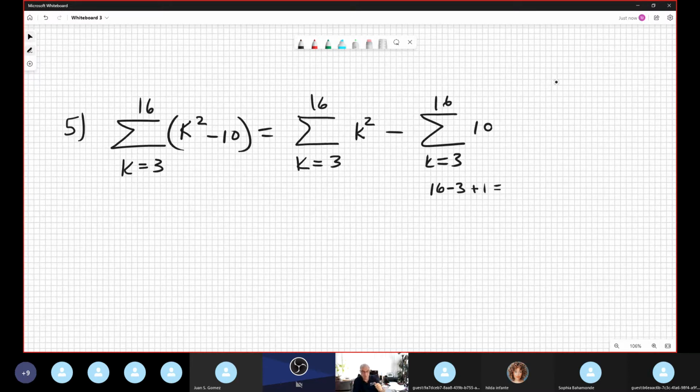Because between 3 and 16, including both endpoints, 3 and 16, we have 14 numbers. Multiplication by 10 is 140. And the answer of this part is 140. Cool? This is the detail.